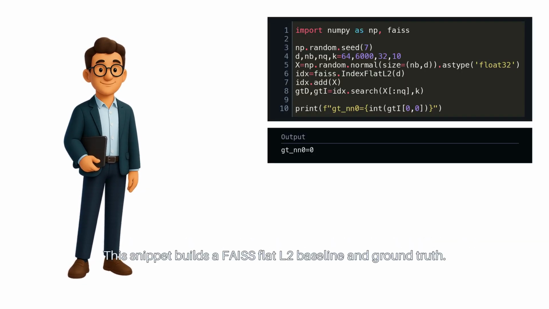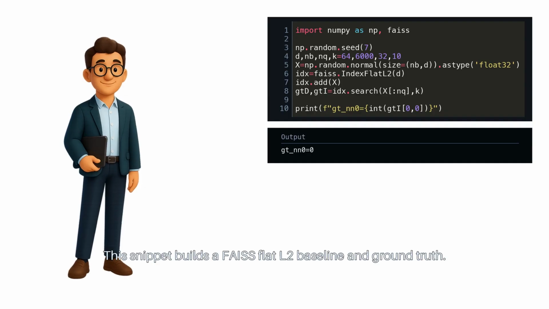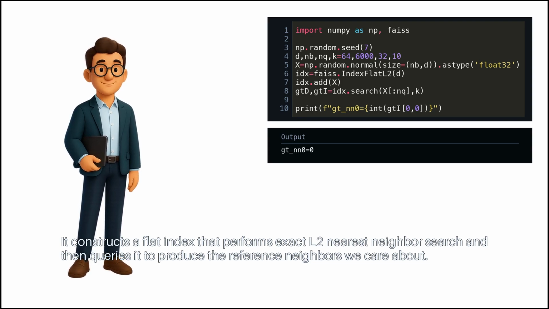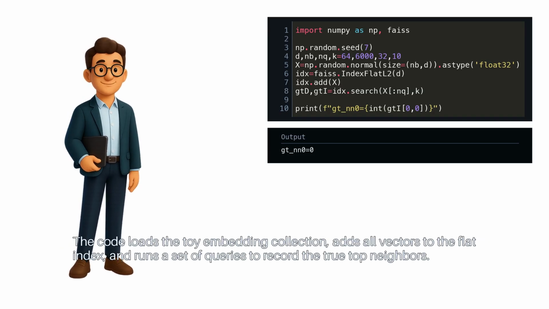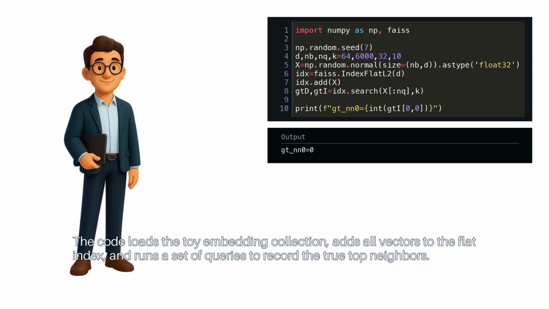This snippet builds a FAISS flat L2 baseline and ground truth. It constructs a flat index that performs exact L2 nearest neighbor search, and then queries it to produce the reference neighbors we care about. The code loads the toy embedding collection, adds all vectors to the flat index, and runs a set of queries to record the true top neighbors.